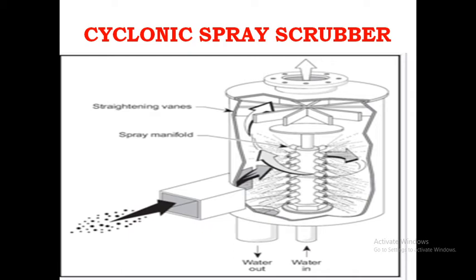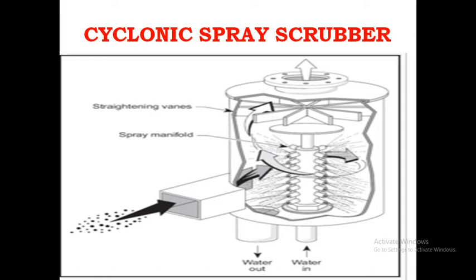Center post means the spray manifold, which is directed toward the chamber wall and through the swirling gas. The cleaned gas continues upward, exiting through the tightening vents at the top of the chamber. Vents are nothing but the blades.